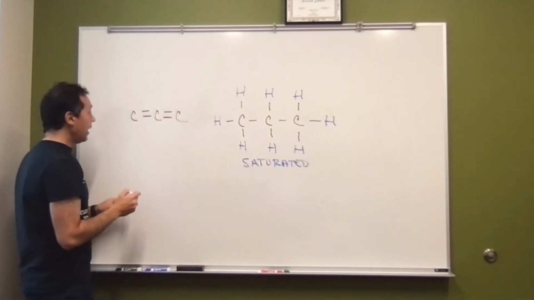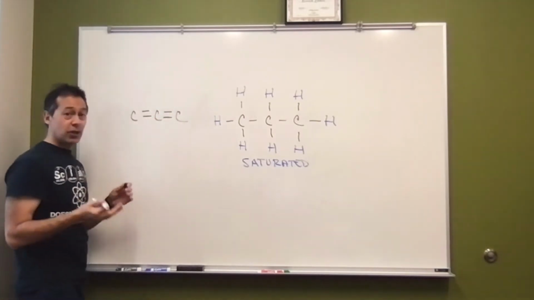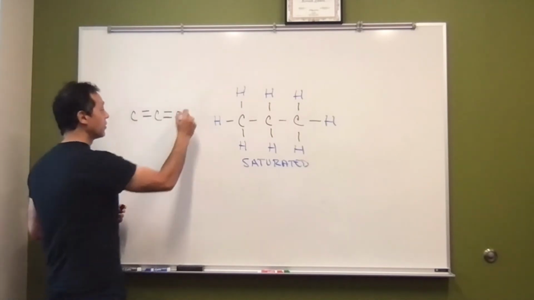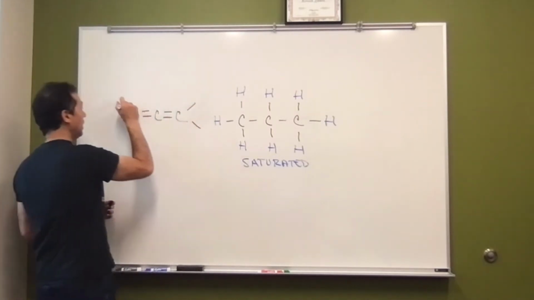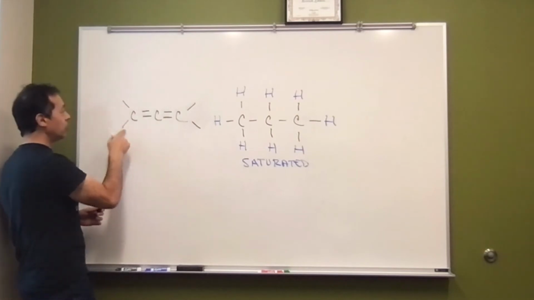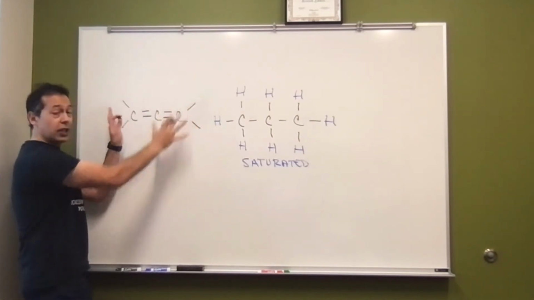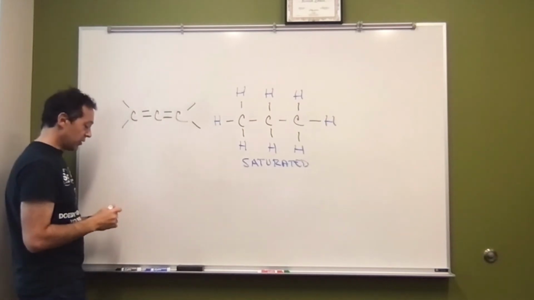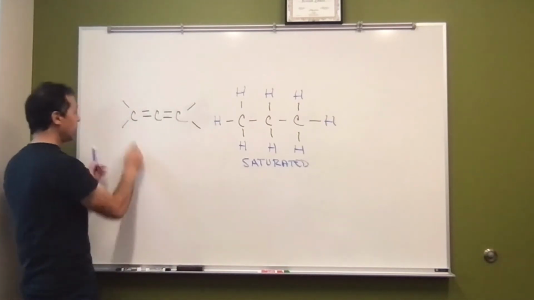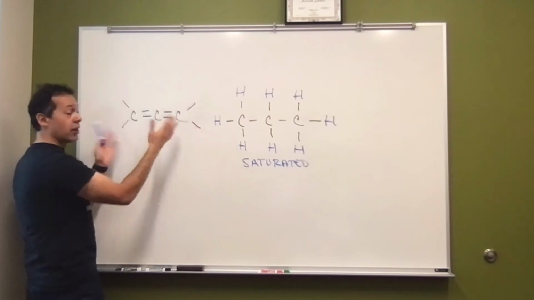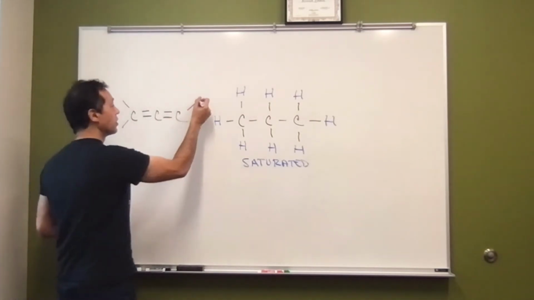Now each of these carbon atoms likes to have a total of 4 bonds, so I'm going to go like this and like this. So 1, 2, 3, 4, 1, 2, 3, 4, and so each of these carbon atoms has those 4 bonds. And I'm going to fill in these outside bonds that aren't attached to anything with hydrogens.